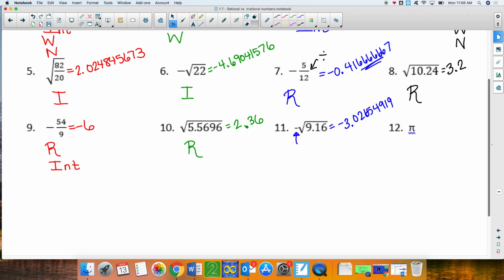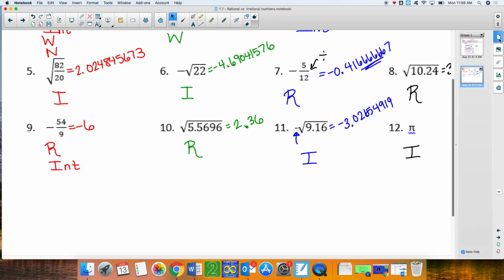So that's a decimal that just keeps going. No pattern to it, so that's an example of an irrational number. And then lastly, we know that the number pi goes on and on and on forever, that decimal goes on and on, which means that would be an example of an irrational number as well. And that concludes your notes for 1.7.